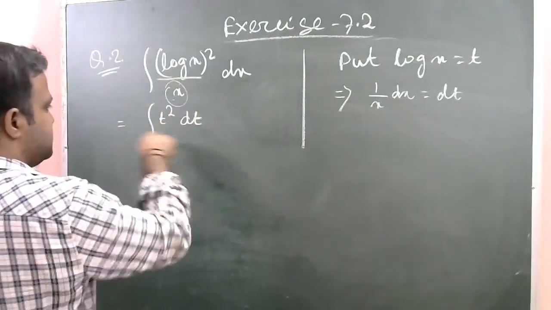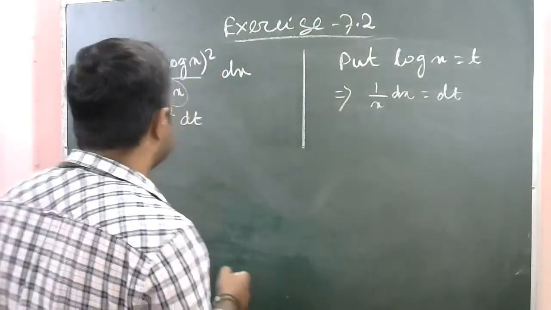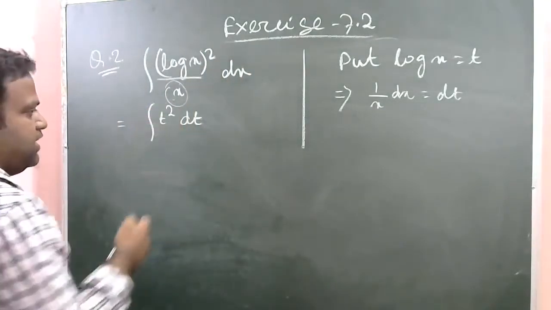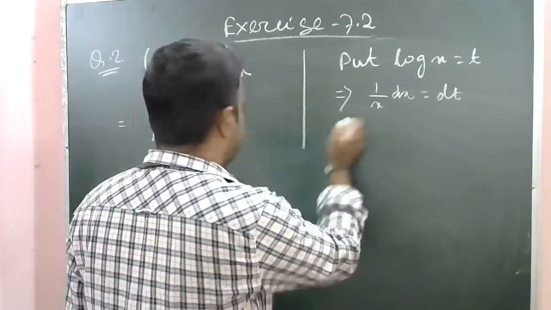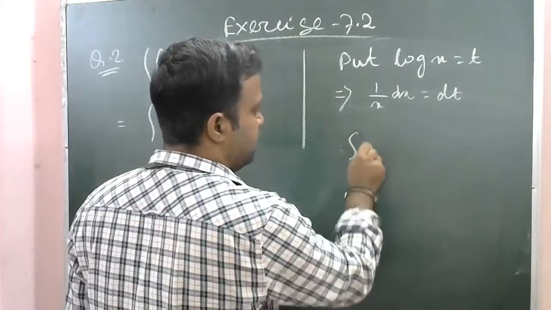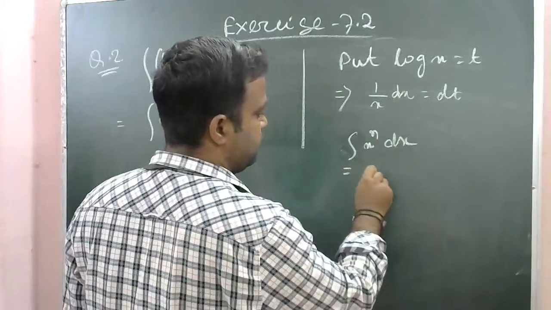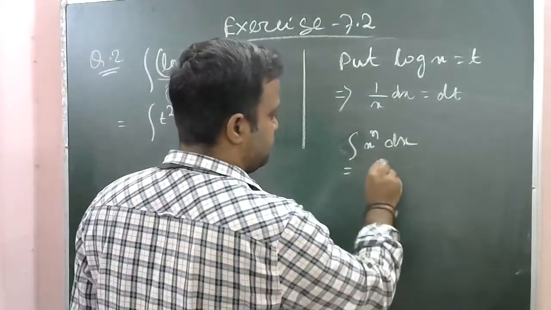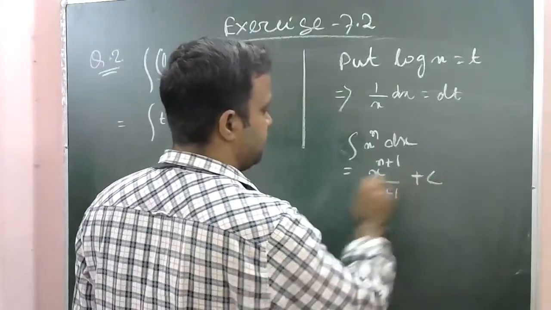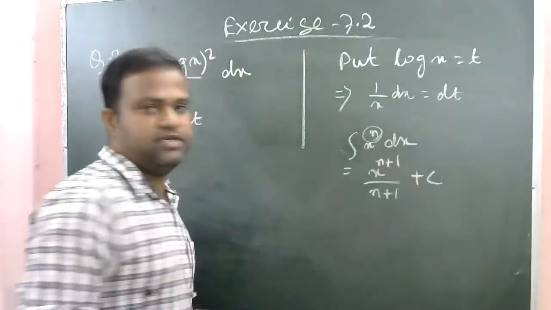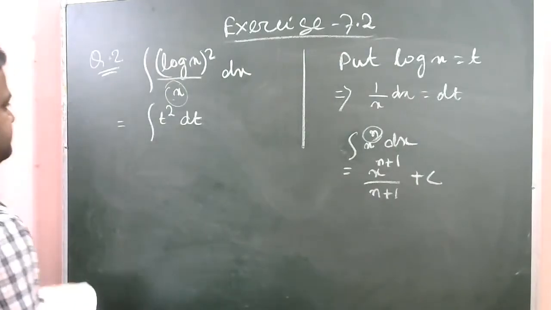And this is now a standard integration that you already know, because the formula for t to the power n, or x to the power n, is known to you. Integration of x to the power n dx, you know that is x to the power n plus 1 by n plus 1 plus c. So n is the power of the integration, the power of that x or polynomial.